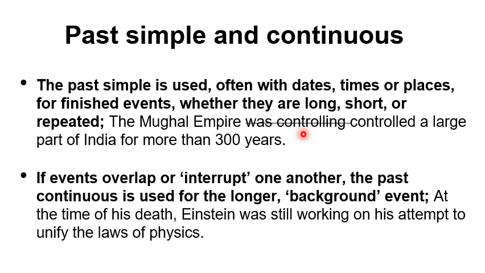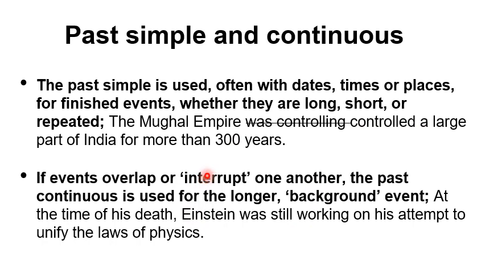So when we talk about events in the past, we need to stick with the past simple tense, not using "was", because a lot of Arabic speakers translate "was" as "cannot". Again, the sentence is: the Mongol Empire controlled, not was controlling, a large part of India for more than 300 years.